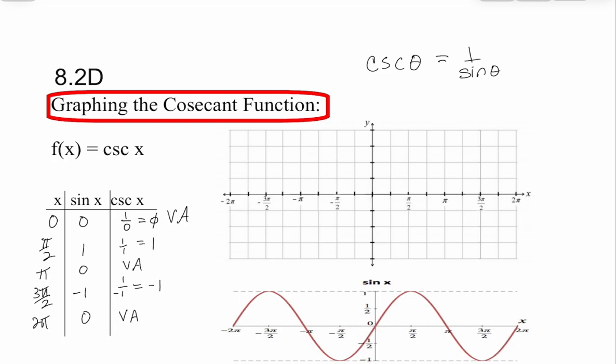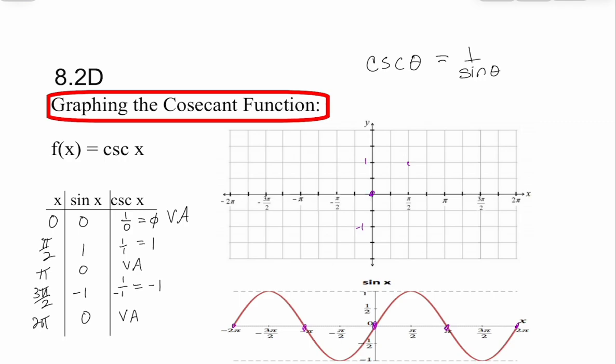So let's go over here and look at our graph of our sine function. And let's draw it up on the graph paper, and we're going to make it a dashed line. So let's make this 1 and this negative 1. And so it hits 0 at 0.